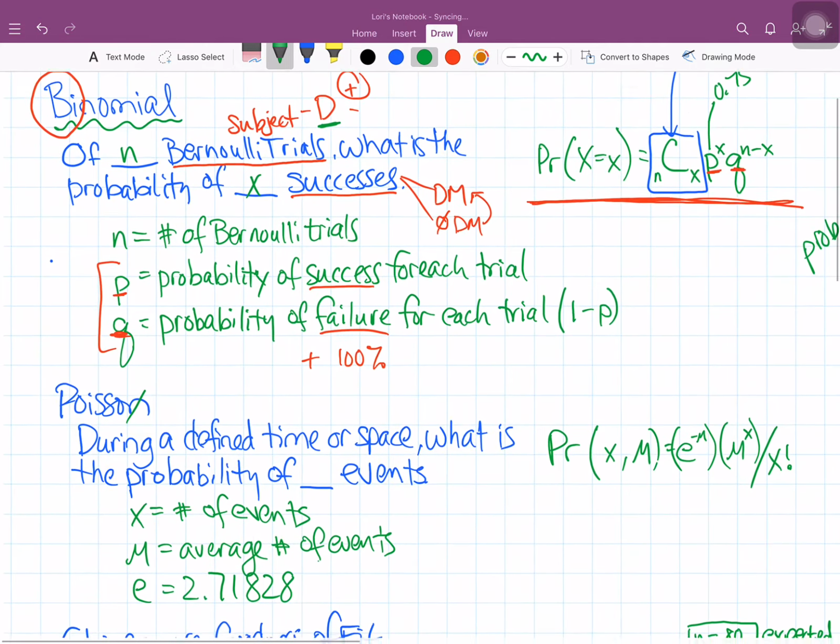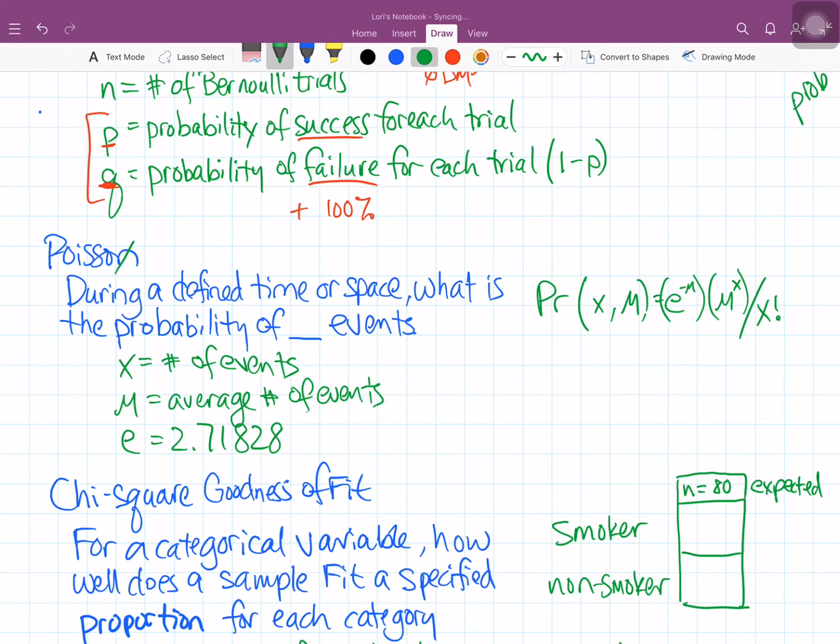So let's say that we have a time period for the ER, emergency room or emergency department, let's say from 11 p.m. to 5 a.m. Usually, on average, we get, say, 5 patients.